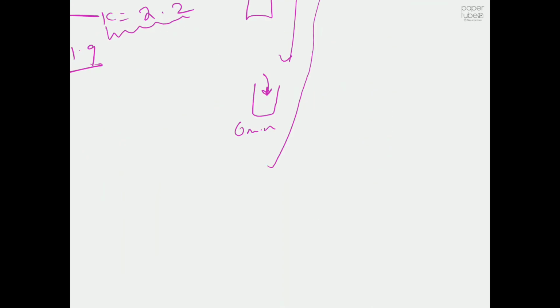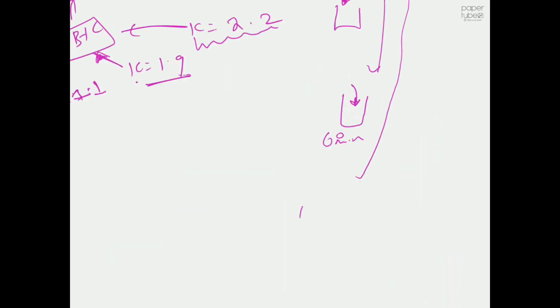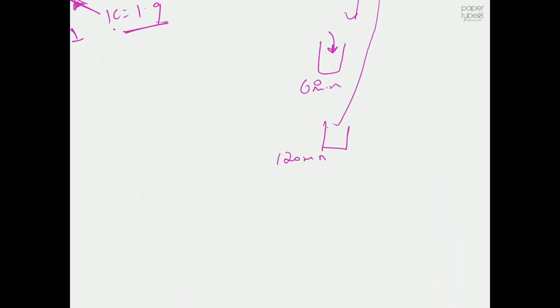All we need is to continuously supply our mobile phase. Obviously it's going to go through a series of equilibrium stages. We will come back to the theory behind those later. Say it comes at 120 minutes. At that time we can put a separate beaker and collect our analyte C.